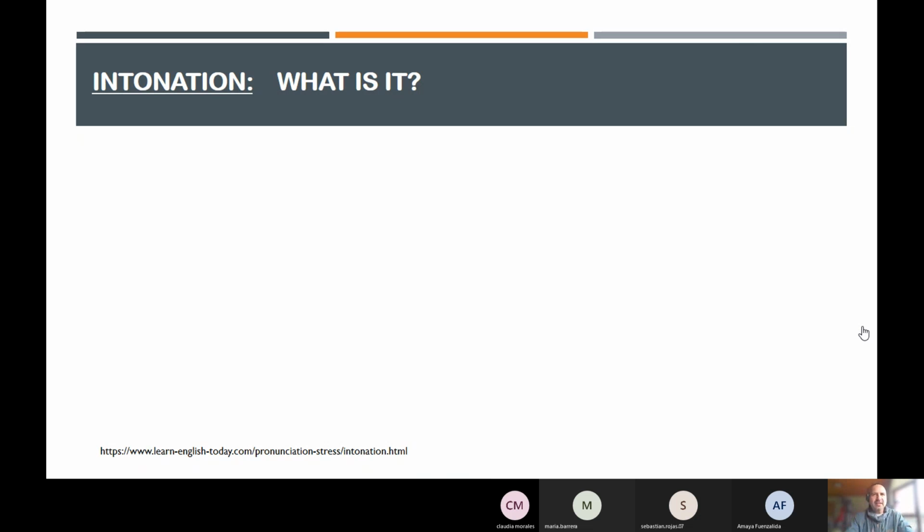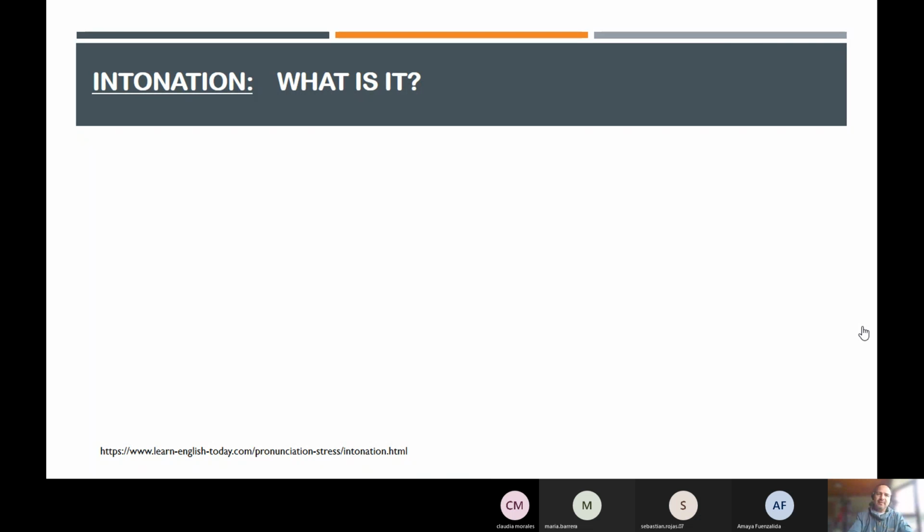Utterance is a concept that we're going to use to refer to anything we say. Anything we say is going to be an utterance, even if it's a short thing, like, for example, stop. Stop is an utterance, right?